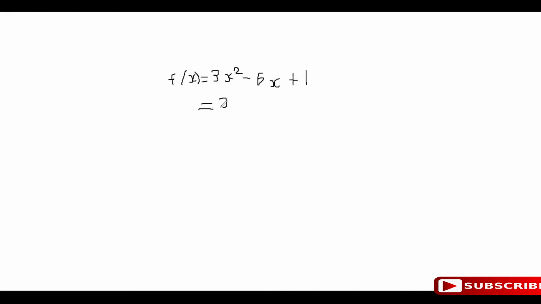In the completed square form, it would be 3 in bracket x minus 1 all squared plus, I'm doing it in my head, that's minus 2. So I completed the square.